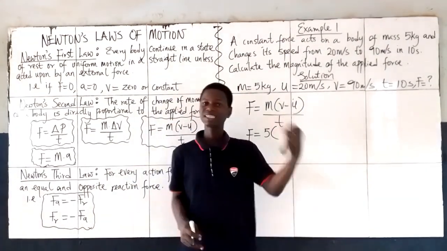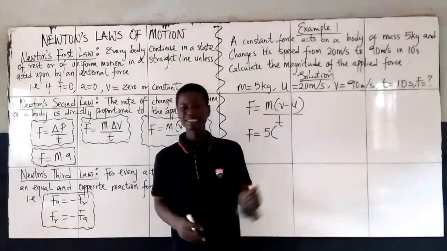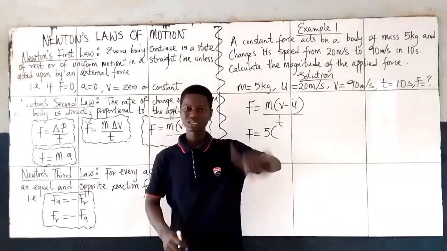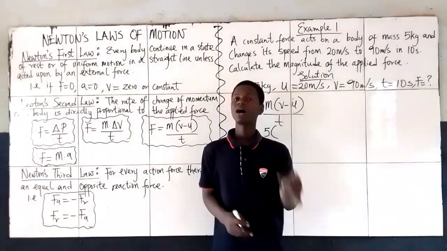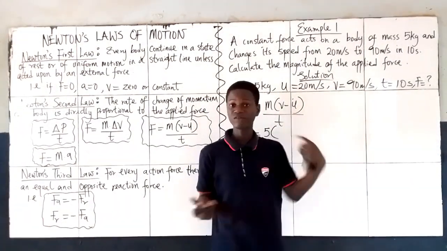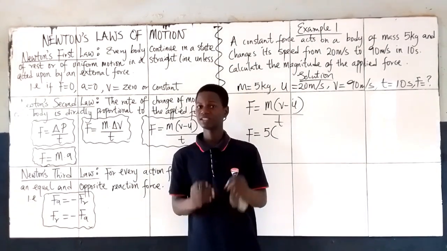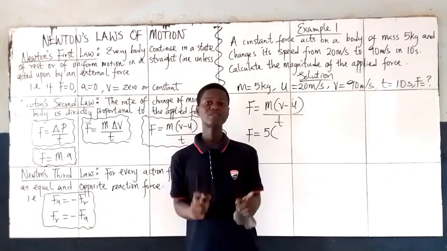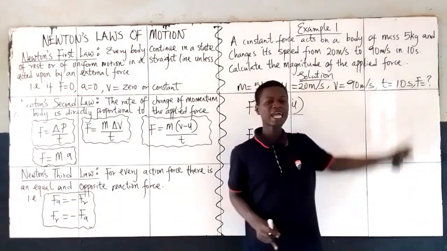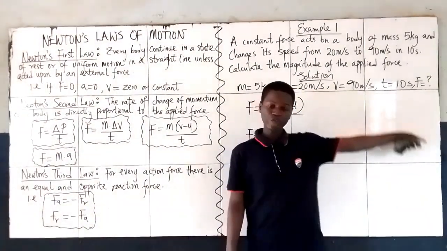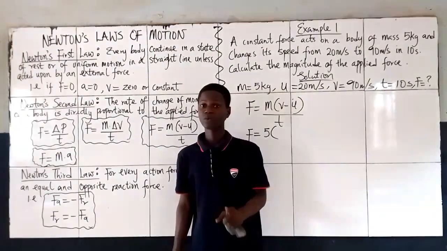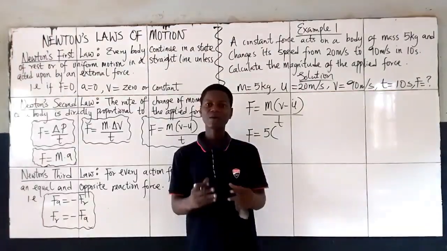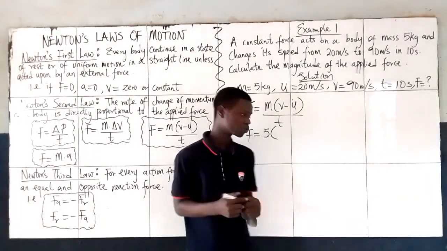For mass, it is kilogram. So if you are given the mass in gram, you have to first of all convert to what? Kilogram. For velocity generally, it's what? Meter per second. So if you were not given as such, you have to convert first. Your time must be in seconds, and your force, when we have calculated it, will be in what? In Newton. So these are what? Standard units.